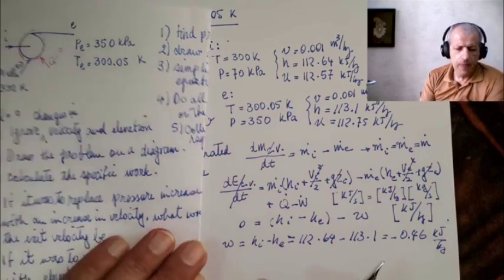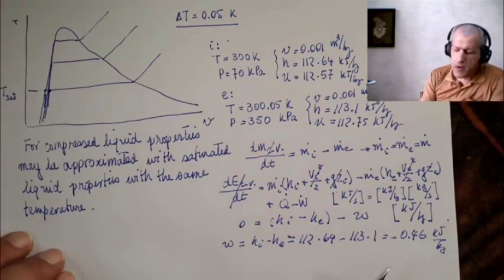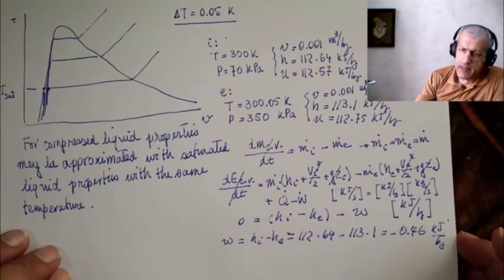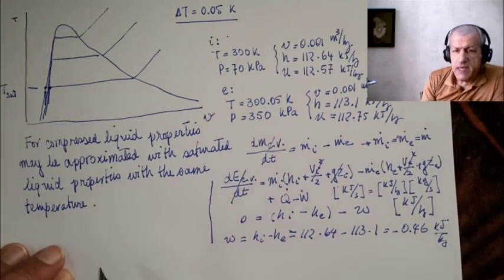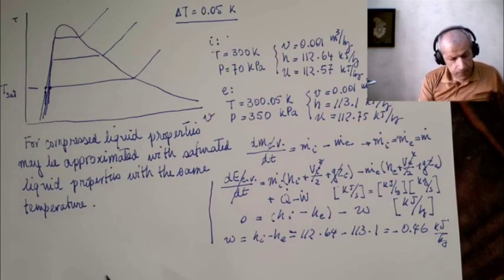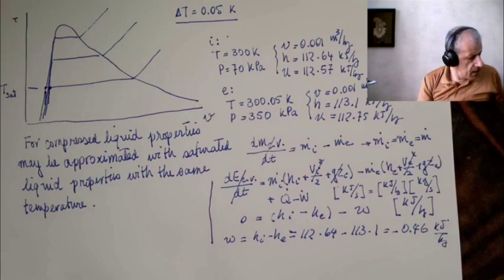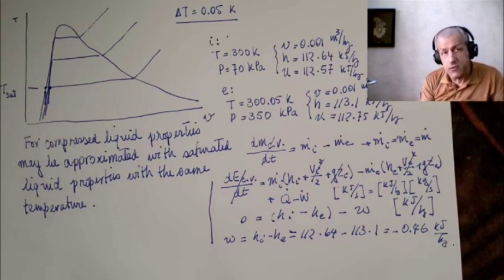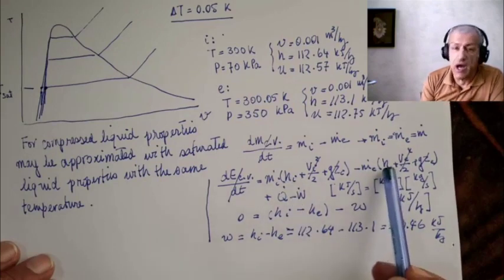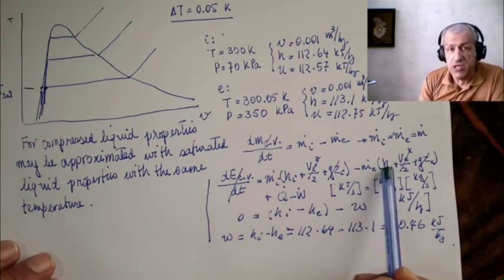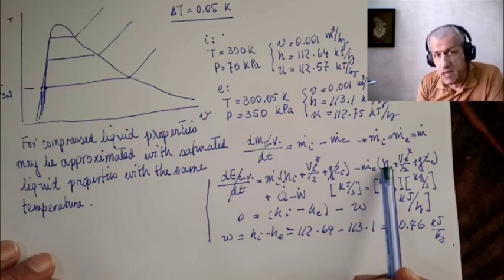Okay, now the problem is asking: if instead of increasing the pressure, we were to give velocity to the fluid, how much velocity could we get? So what we do, we say that instead of changing h_i and h_e by changing the pressure, the pressure should remain the same.